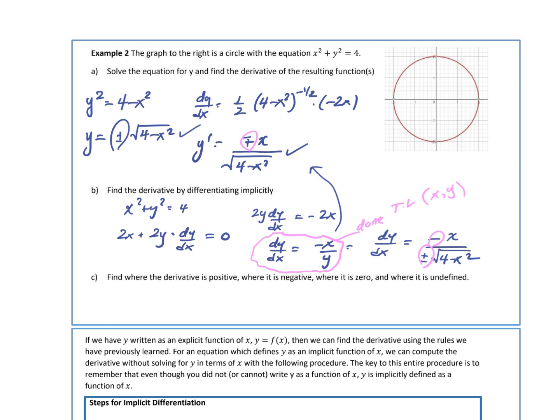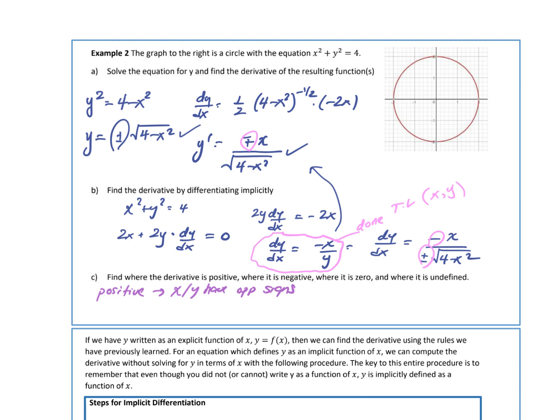All right, find where the derivative is positive, where it's negative, where it's 0. Positive would be when the x and y have opposite signs. If you just think of the curve, remember, this is the derivative.